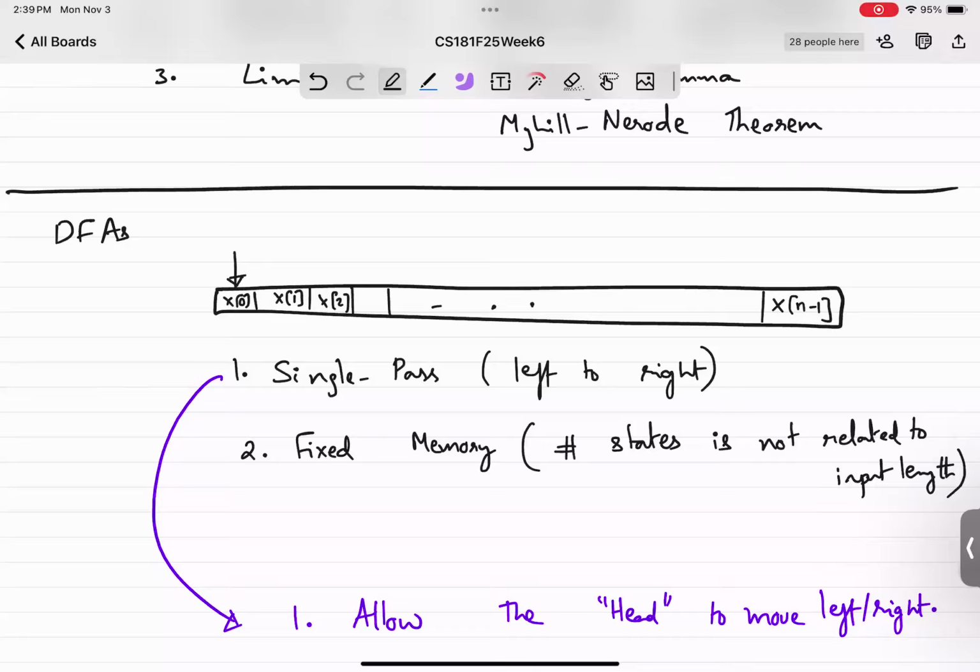So you read the first bit, and then you take a jump, and then the head moves to the next bit. You read another bit, you take a jump as dictated by your transition diagram, and then you move one more step.